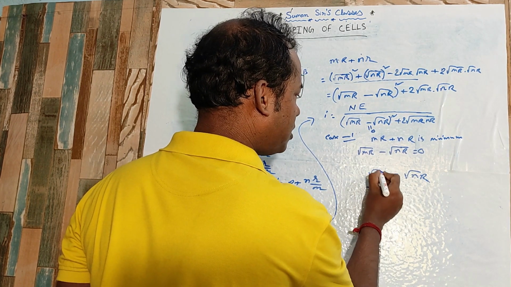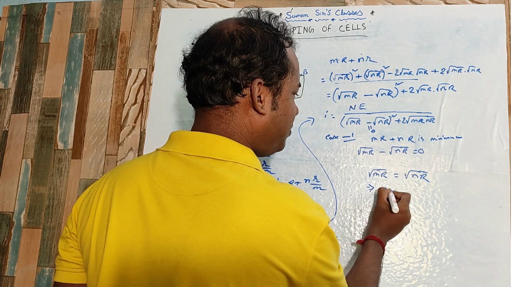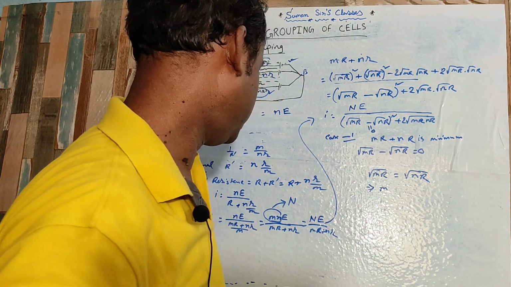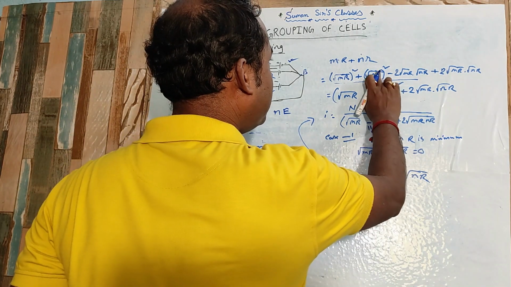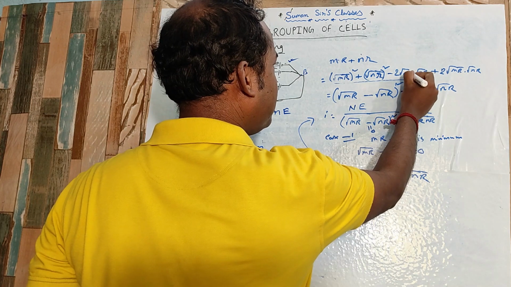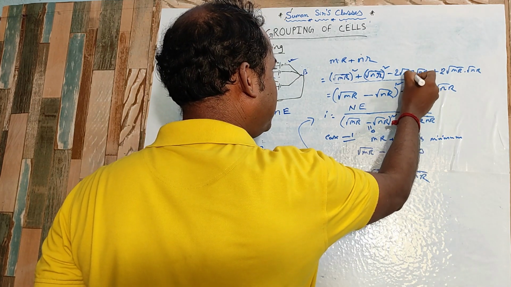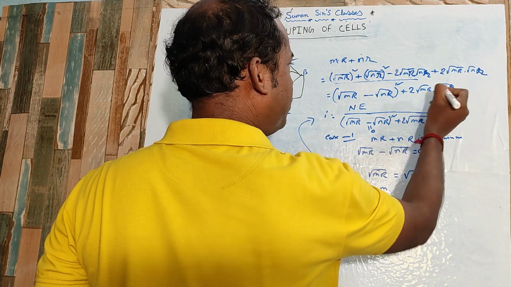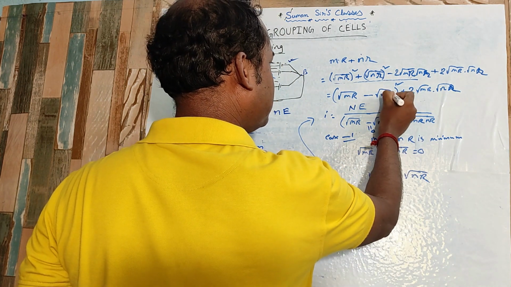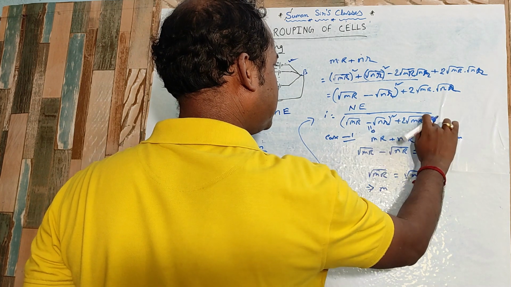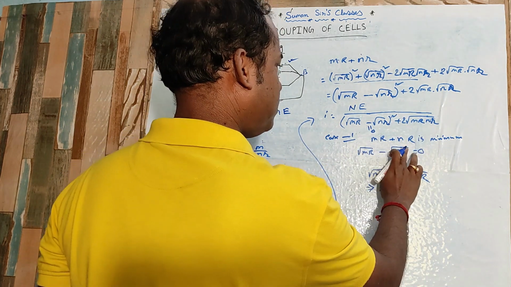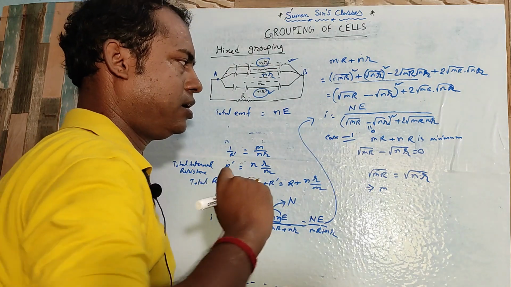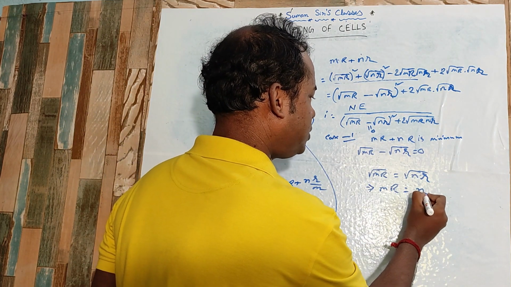The root cancels out each other, so that means M into capital R equals N into small r.